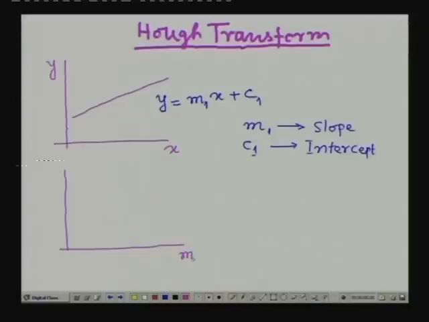I will have the slope m along one direction and the intercept c along another direction. And since for this given straight line y equal to m 1 x plus c 1, m 1, that is the slope, and c 1, that is the intercept, is fixed, this particular straight line will be represented by a single point in the MC plane, and this point is at location m 1, c 1.